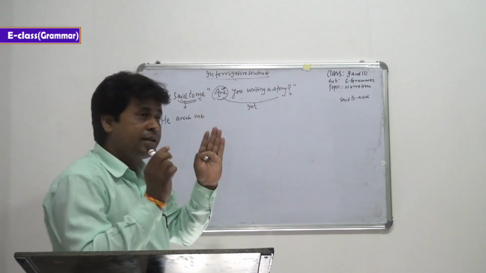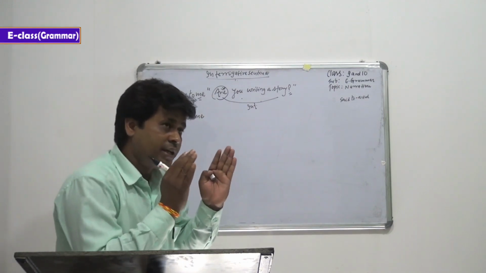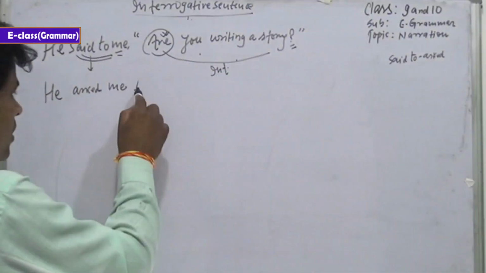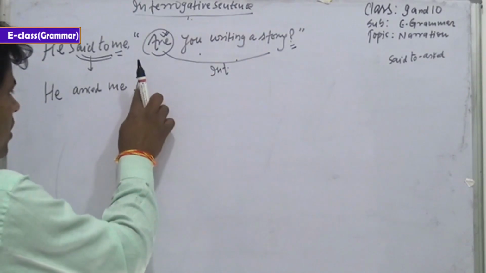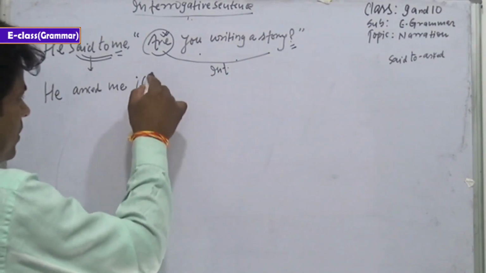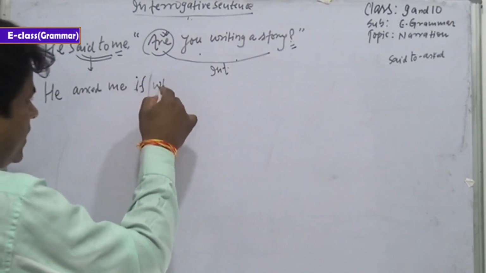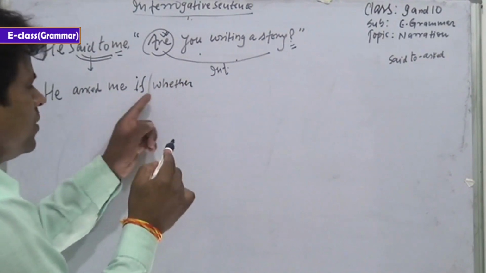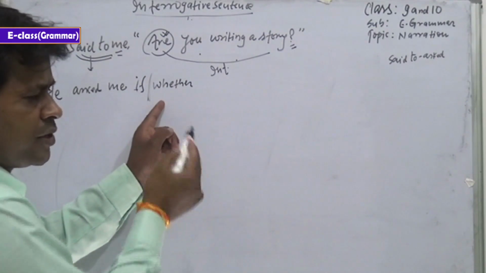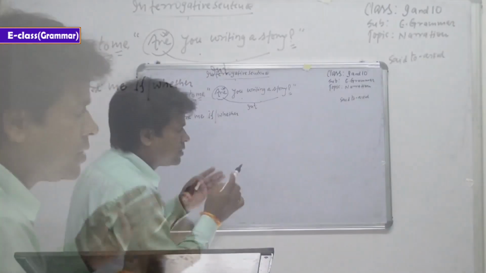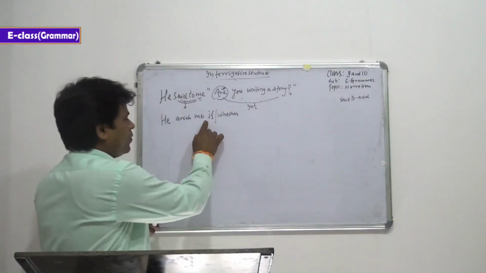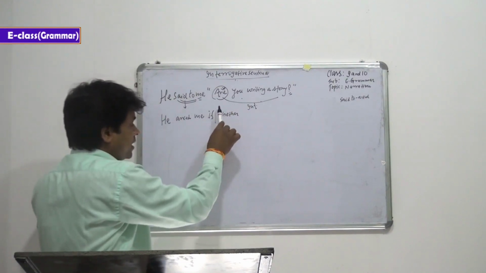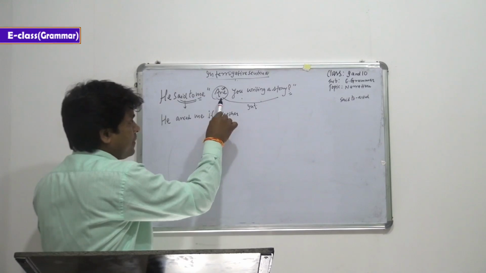So, if an interrogative sentence starts with an auxiliary verb, then use if or whether. WHETHER. You can use any one from them. I am writing both over here, but you can use any one. If or whether. Why? Because this interrogative sentence has started with an auxiliary verb.